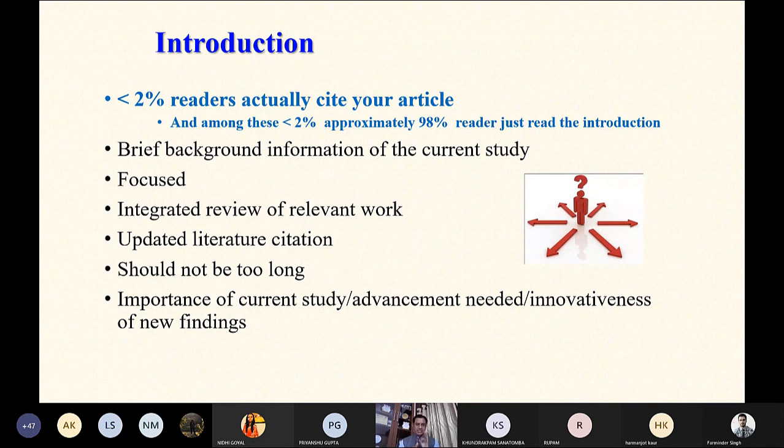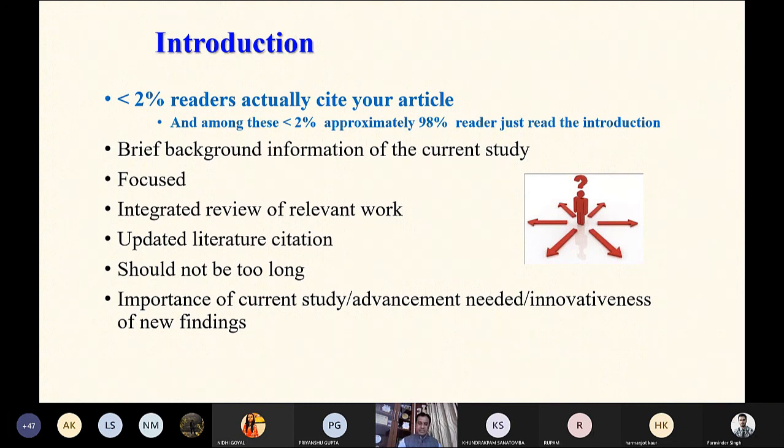Such significance and importance must be indicated at the end of the introduction section, when we are about to complete it.